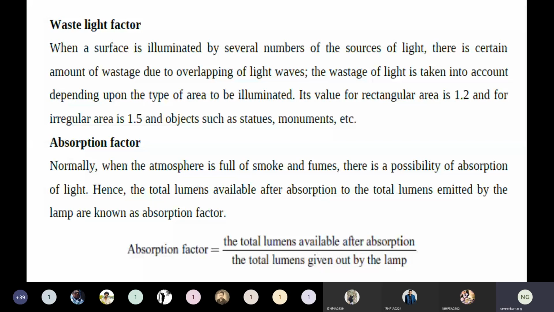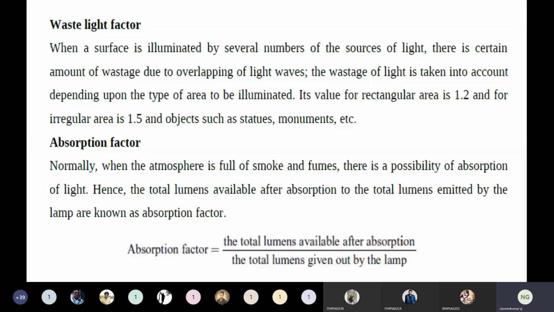The next definition is absorption factor. Whenever you are observing an atmosphere consisting of smoke, fumes, dust, dirt, there is a possibility of absorption of light by this alien matter.